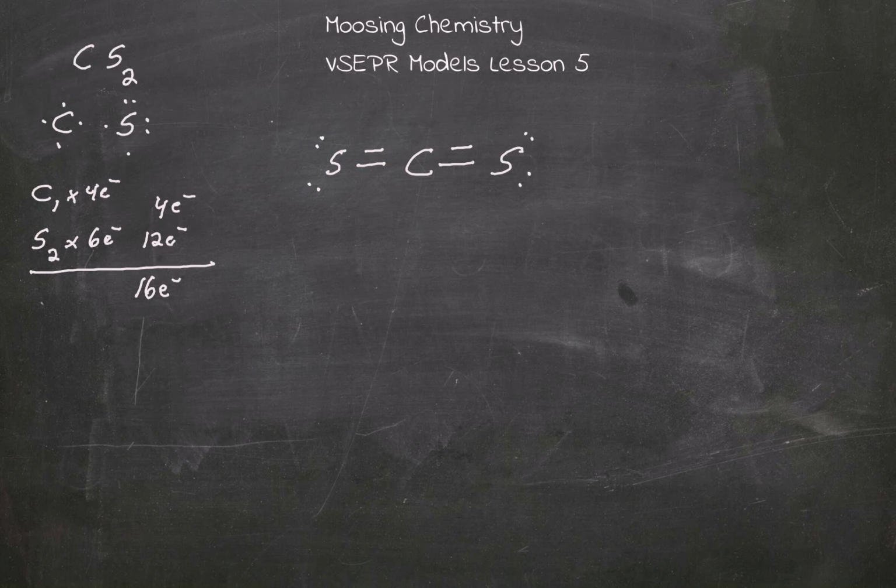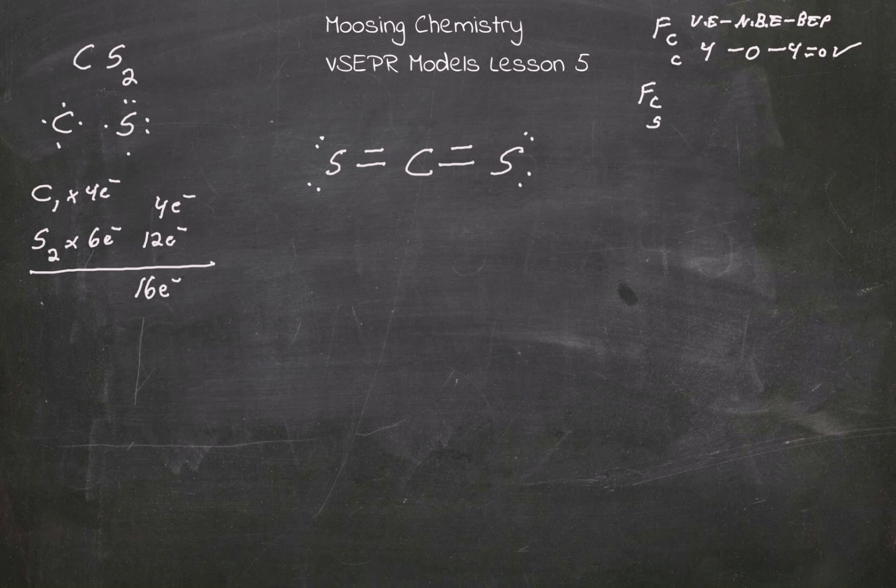Okay, let's check the formal charge to see if this is a better structure after all. Remember, the formal charge is valence electrons minus non-bonding electrons minus bonding electron pairs. So carbon comes in with 4 valence electrons, there are no non-bonding electrons, and there are 4 bonding pairs. So that gives us 0. That's great. Let's check the formal charge for one of the sulfurs.